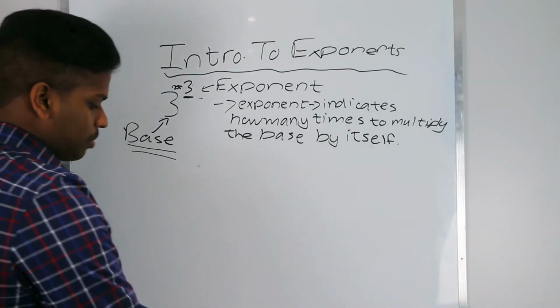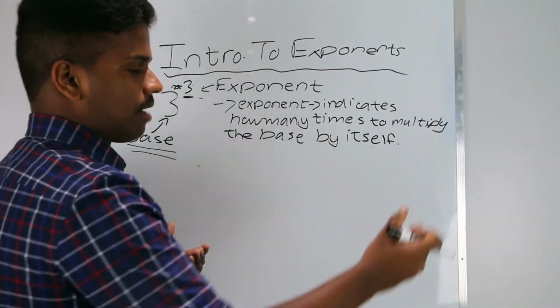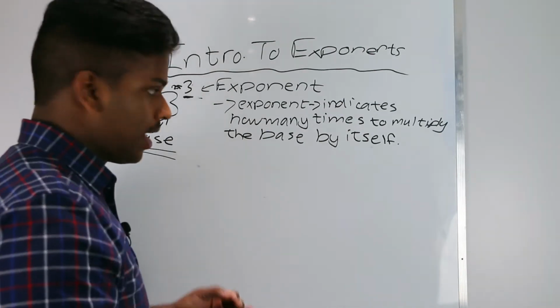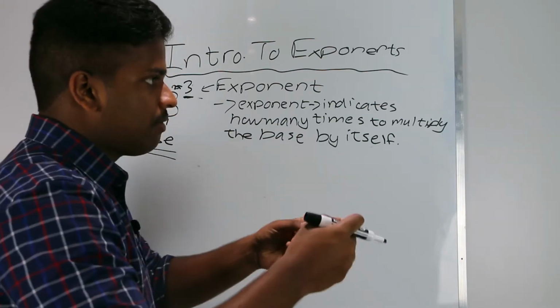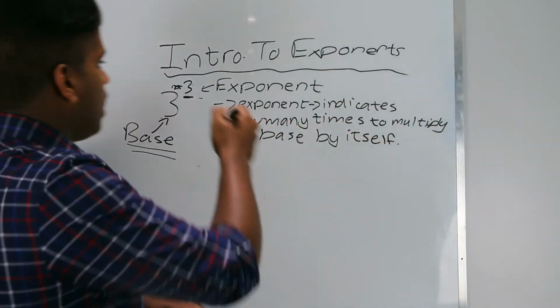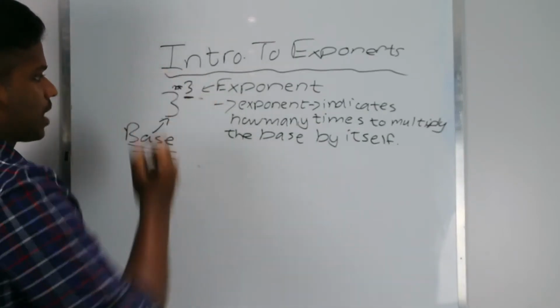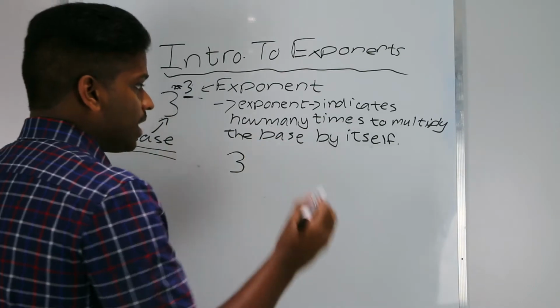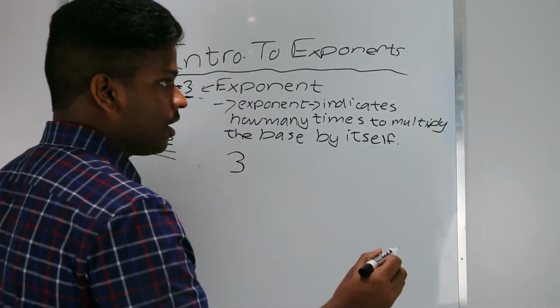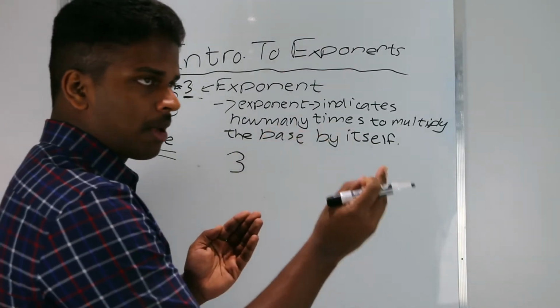But when we're looking at exponents, we are trying to multiply the base by itself, however many times is indicated by the exponent. Here the base is 3 and the exponent is 3. So how many times are we multiplying the base by itself?